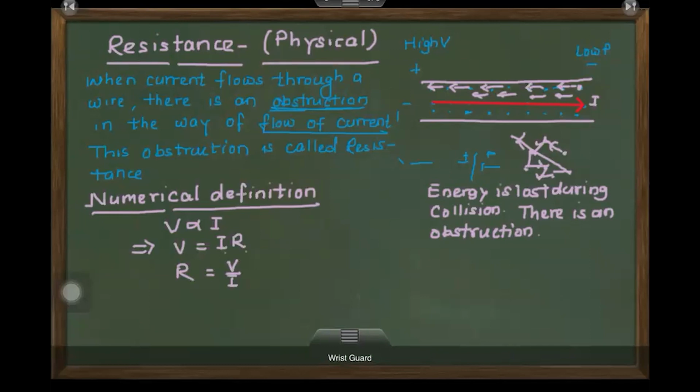So simply, what will be the definition here? We can write: resistance of a wire is defined as the ratio of potential difference across it and the current flown through it.